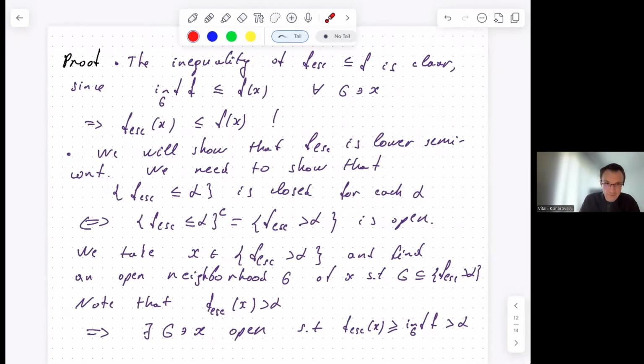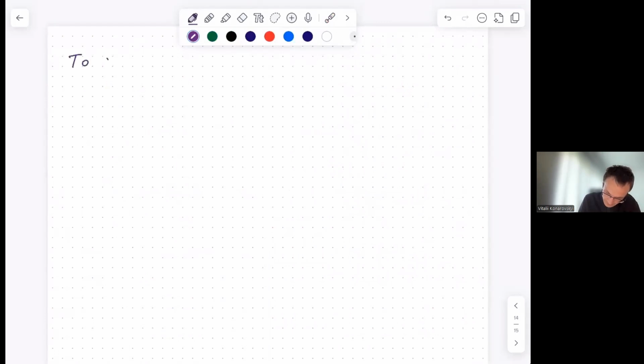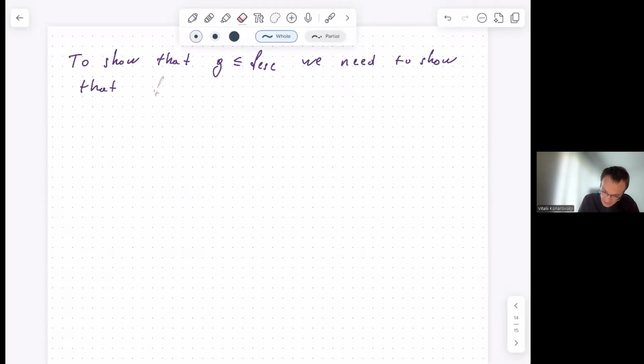To show that, g is less or equal than f, we need to show that its lower semi-continuous regularization is equal to the function g.